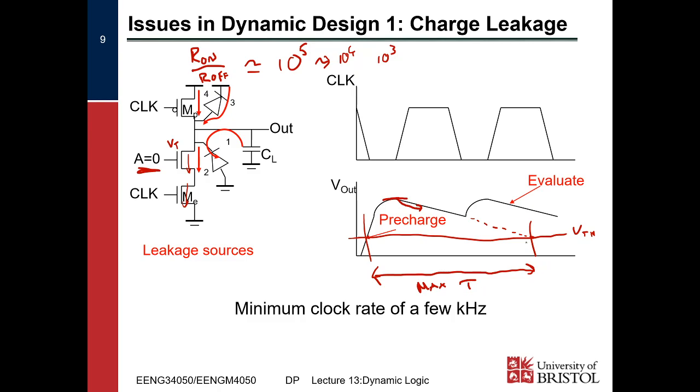If there's a maximum time between pre-charge phases, then that means there is a minimum frequency on our clock signal. We've got a minimum clock rate of a few kilohertz. We cannot just switch our clock off and just leave the circuit as is. We have to occasionally reevaluate our circuit if we want to maintain our output signal, right?